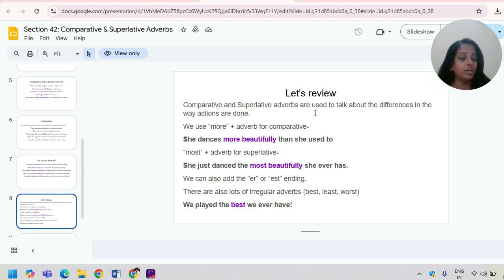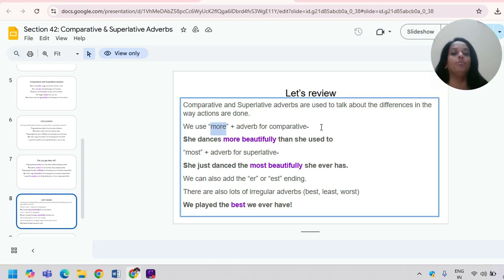Comparative and superlative adverbs are used to talk about the differences in the way actions are done. And remember, we use more plus adverb for the comparative form. Example, she dances more beautifully than she used to. And we use most plus adverb for the superlative form.